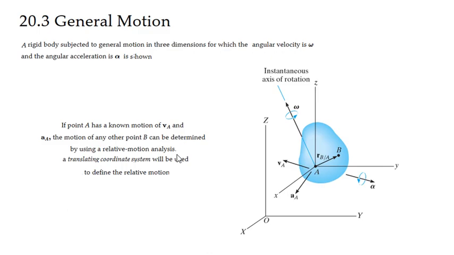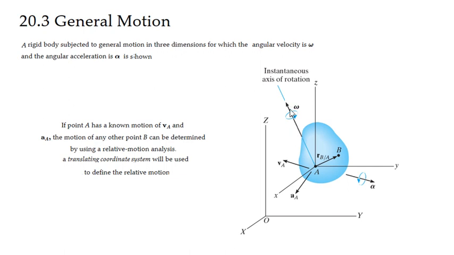After translation and rotation, we come to the third one, which is general motion. For general motion in a three-dimensional world, we deal with the same thing: angular velocity, your little omega, and angular acceleration, your alpha, which you understood from the previous chapters.